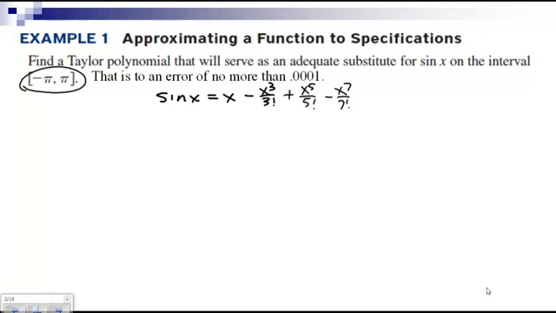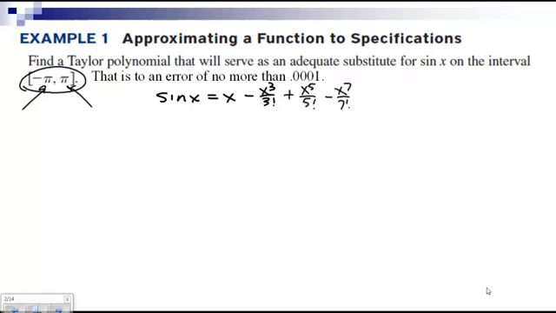If we were looking for a place where the error is worse, it's going to be at pi or at negative pi. Let me say that one more time. The error is going to be the worst the farther we are from the center, and the center is at 0.